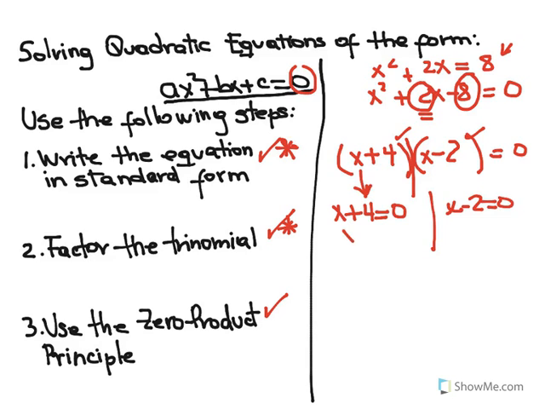For this to be 0, subtract 4 on both sides. I get x equals negative 4. Here, to get a 0, I have to add 2 on both sides, x equals 2. So the solutions for this equation are x equals negative 4, x equals 2.